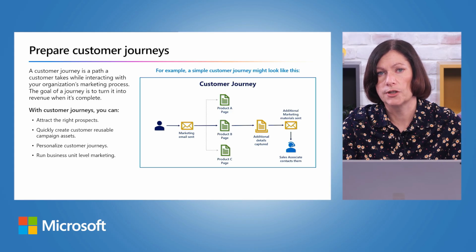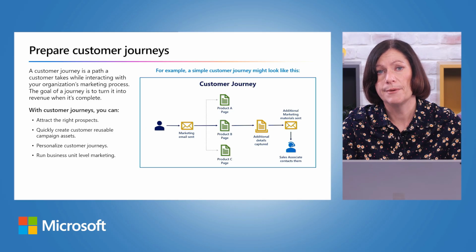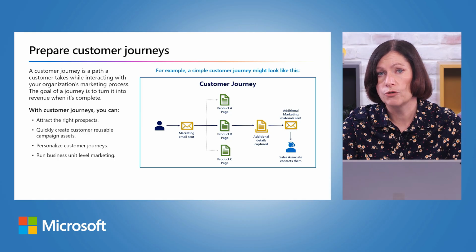Automation features such as configurable templates, reusable content blocks, and design tools make it easy to create a vast library of marketing content that can be leveraged across different customer journeys. Tools like Power Automate can help streamline content approvals and integrate with third-party content management systems. You can personalize customer journeys.